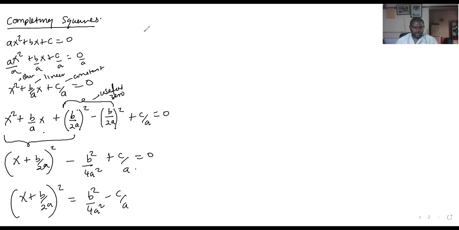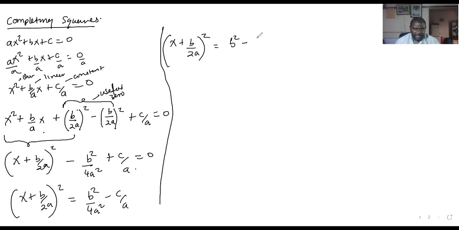With this note, we can have x plus b out of 2a squared is equal to b squared minus 4ac, all divided by 4a squared.